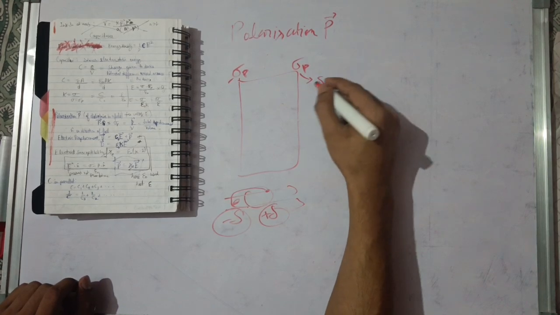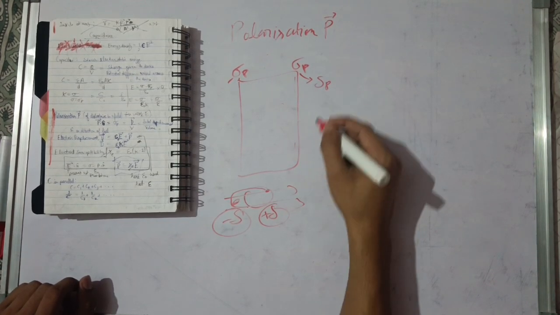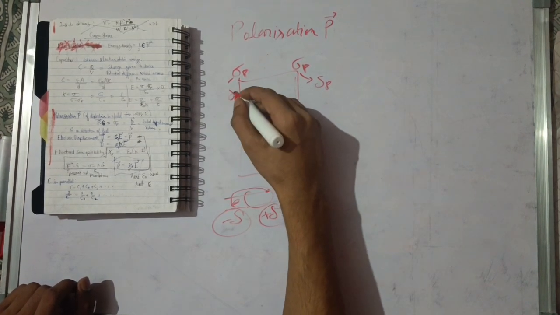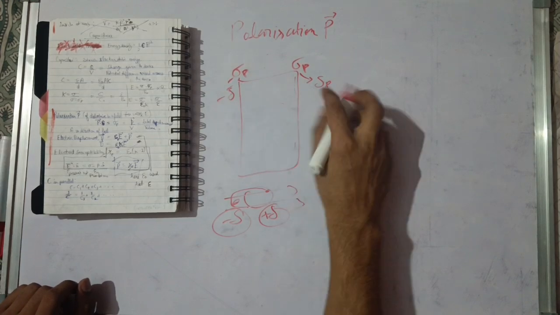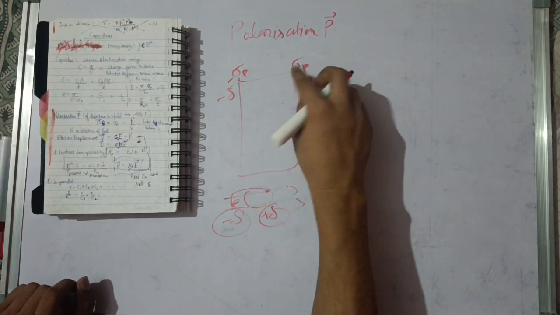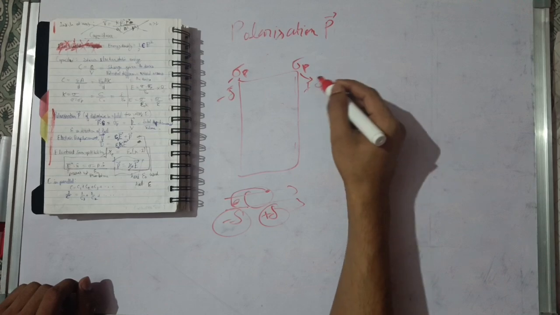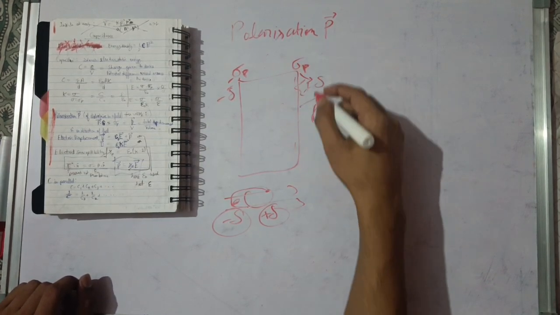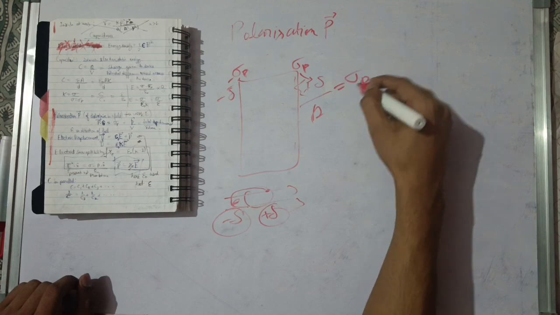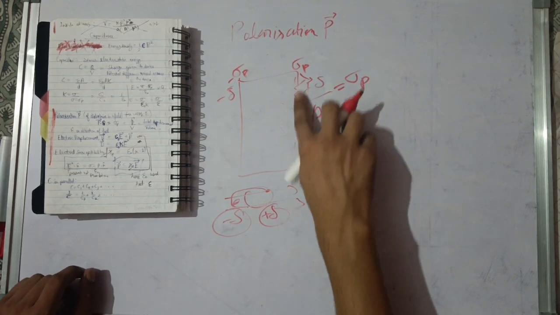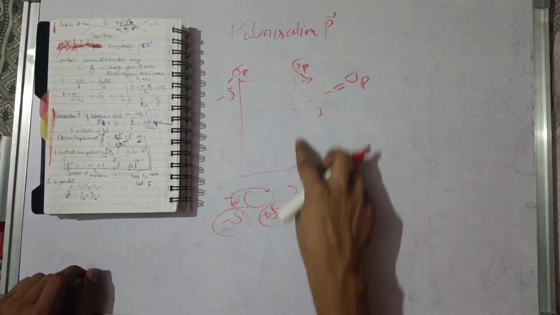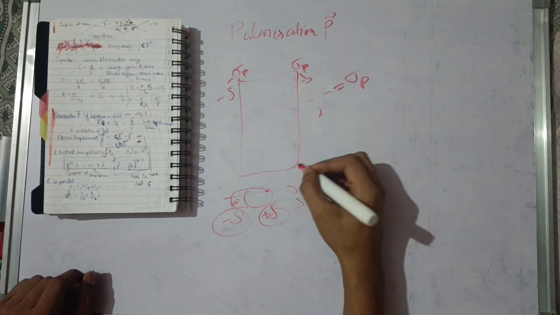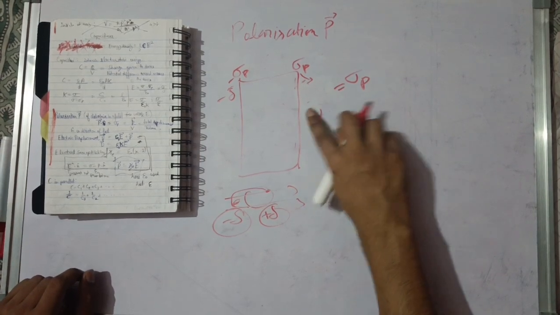These are due to the delta positive charges here and delta negative charges there. The summation of all these delta positive charges at this end divided by the total area gives sigma p.